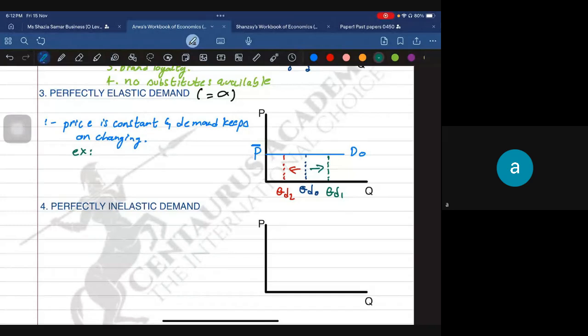I'm not sure, but recently, when the new iPhone came out, I think this happened, because even though they were not changing the price at all, the quantity demanded kept changing. At first it was really low, then it increased, and now it decreased again.